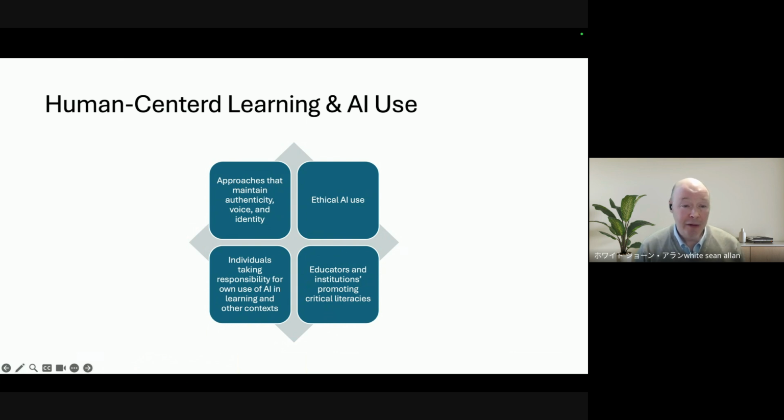This is a repeat of the papers that I showed before, the approaches that maintain authenticity, voice, and identity, as well as ethical AI use, taking responsibility for AI output, and how we use it in learning in other contexts. And then as educators and as members of institutions, we need to promote critical literacy, how to use this technology. So back to this, with great power comes great responsibility.